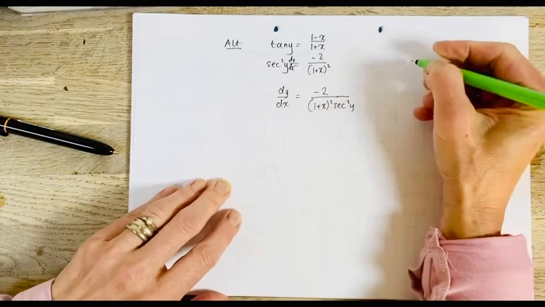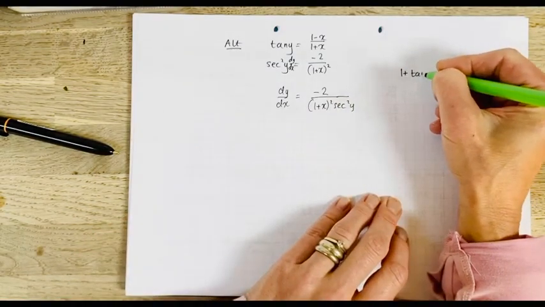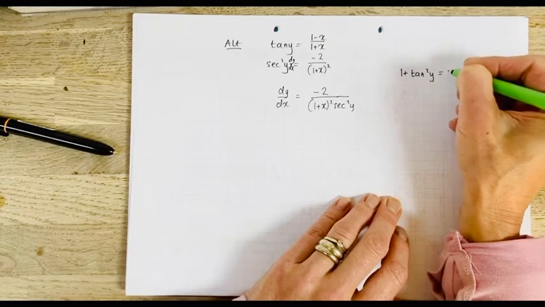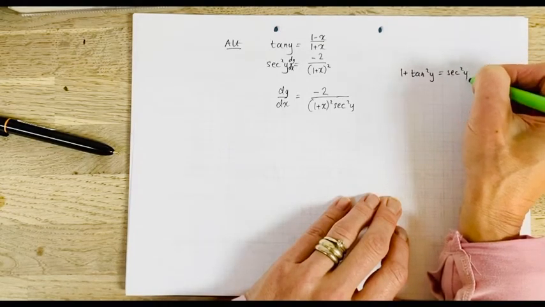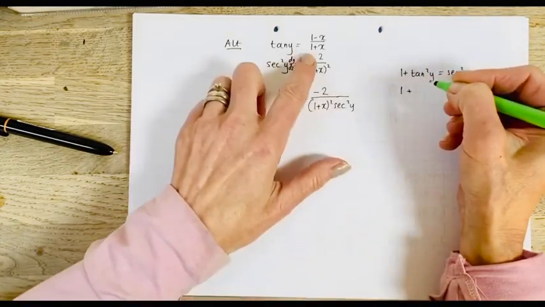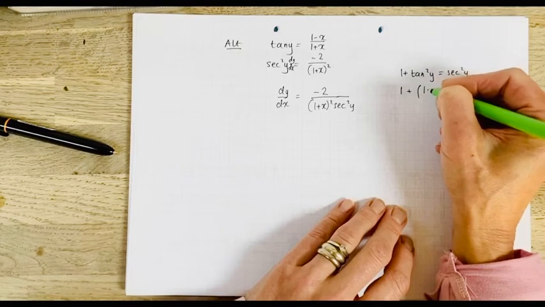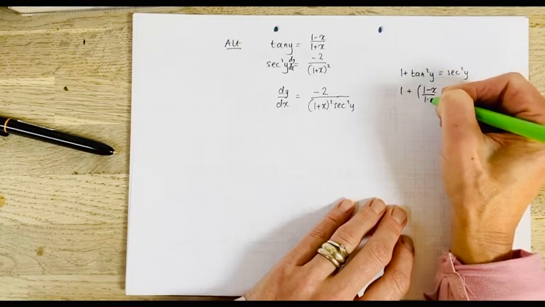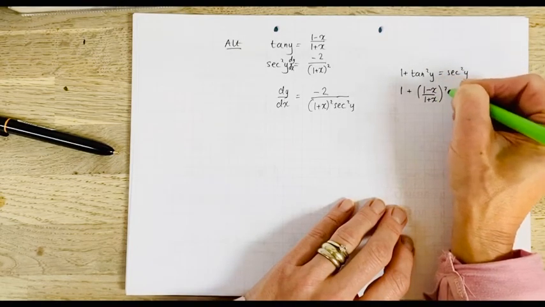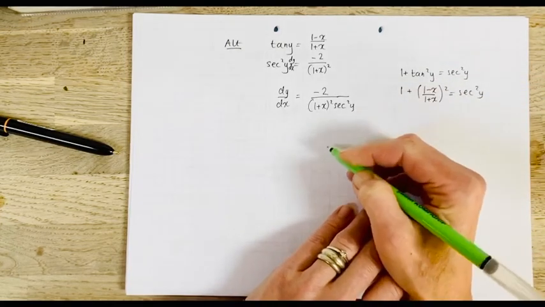Okay, so sec and tan like each other. 1 plus tan squared is equal to sec squared. So we've got tan being 1 minus x over 1 plus x, so it's 1 minus x over 1 plus x squared. That's what sec squared can be replaced by.